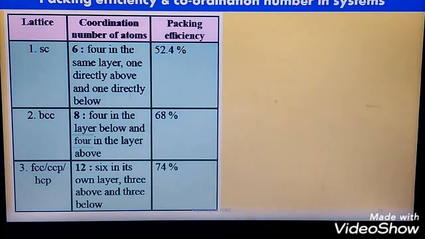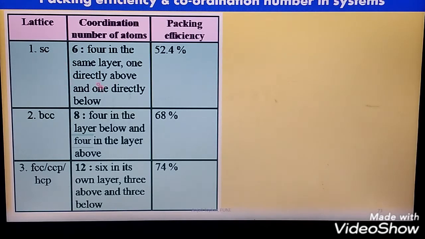Here you find a table. In this table, you will find the coordination number and the packing efficiency in the respective lattice. The first point shows simple cubic lattice.